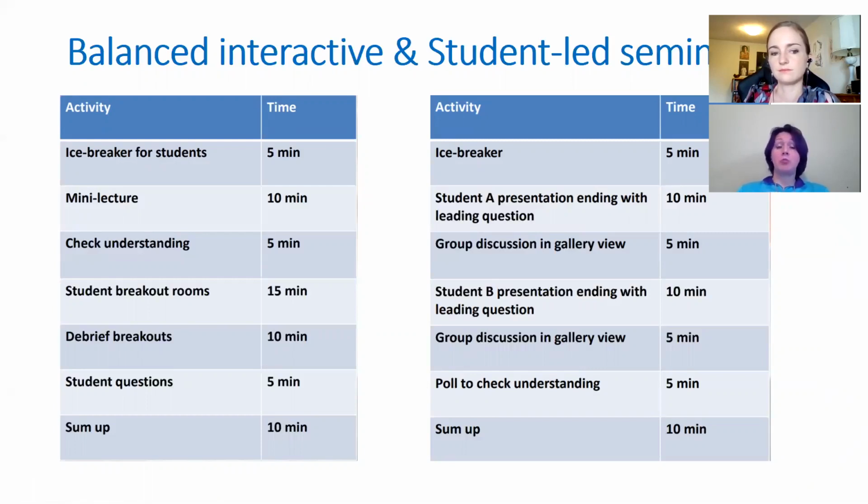You may want to put your students into breakout rooms and have them work on a particular task for about 15 minutes or so. And you can definitely adjust the times suggested here. Then you can bring your students back into the main room to debrief, answer their questions, and sum it up and end your lesson.